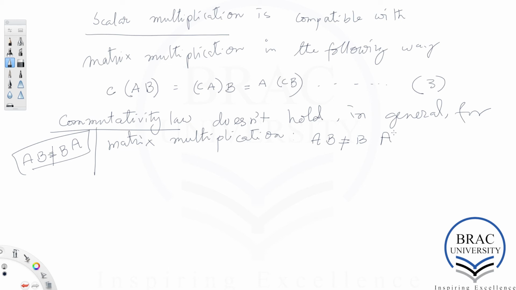And you see that if A times B and B times A are both defined, as long as the size of A is m times n, and size of B is n times m, then both A times B and B times A are defined, but they are not of the same size if m and n are unequal.